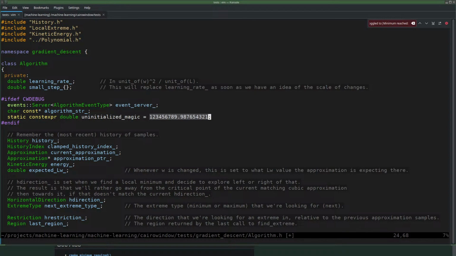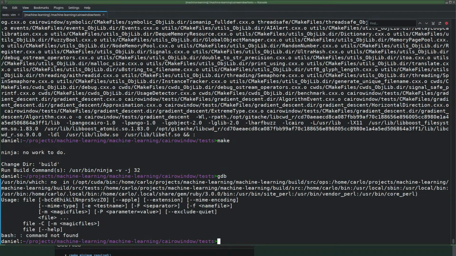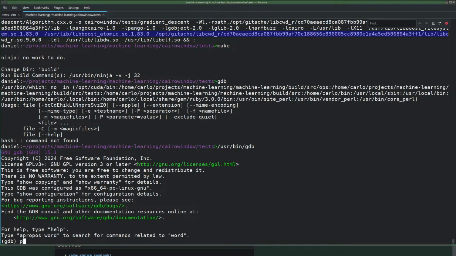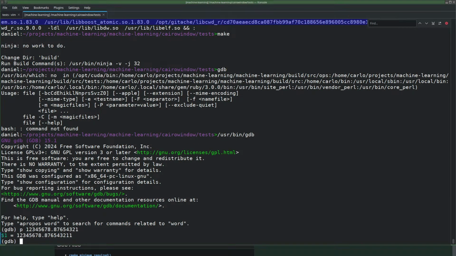Let's keep it at 15 or something. So let's say 8 on both sides. This is more chance to fit. Print that.